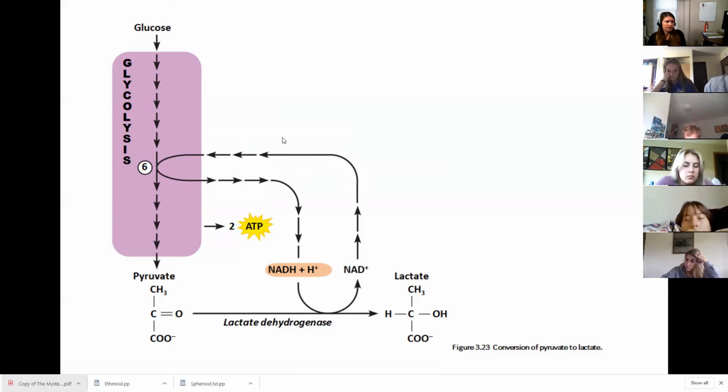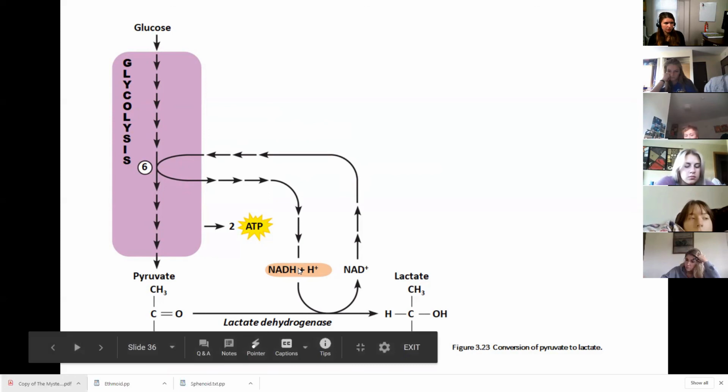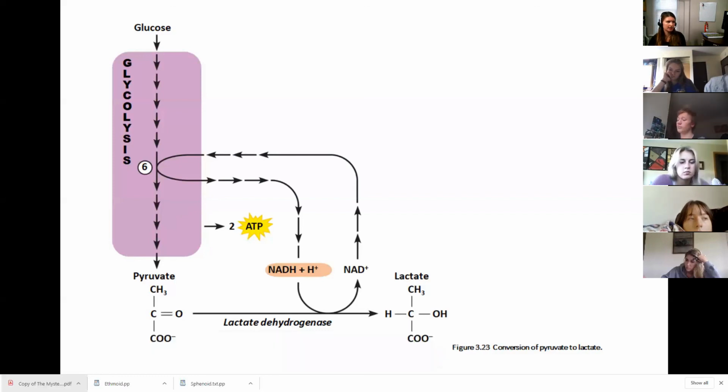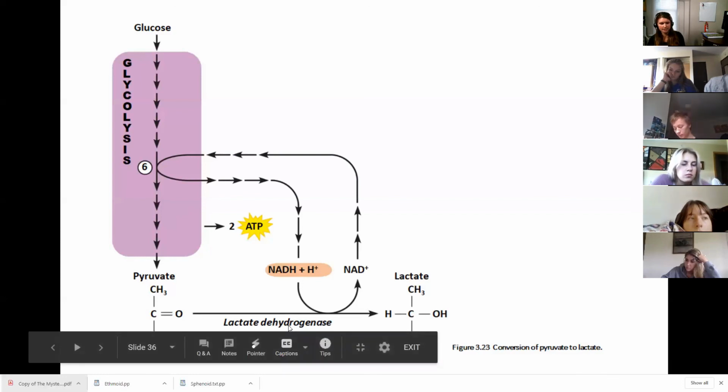But because our electron transport chain isn't running, because we don't have oxygen, we end up with a buildup of NADH, which we need to get back into that NAD form so that we can continue glycolysis. So instead of taking that pyruvate, putting it into the mitochondria, starting the Krebs cycle, what we do instead is we take that pyruvate molecule, we use an enzyme, lactate dehydrogenase, to form lactic acid.